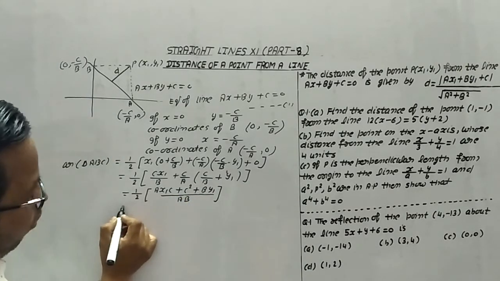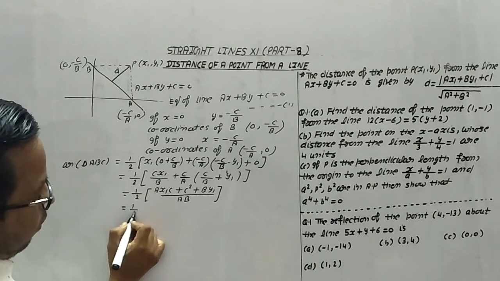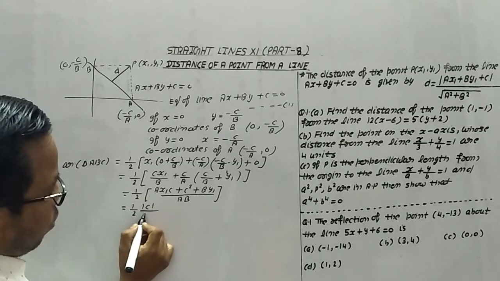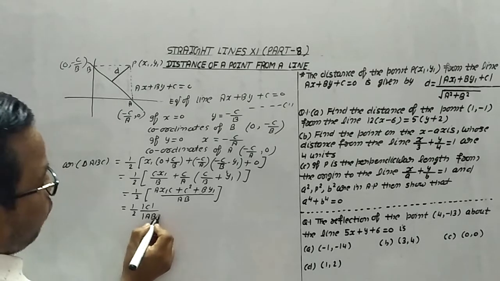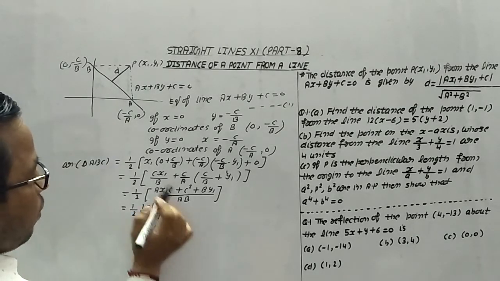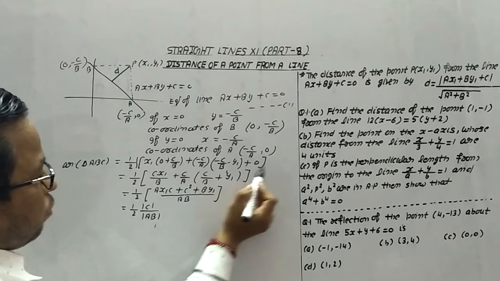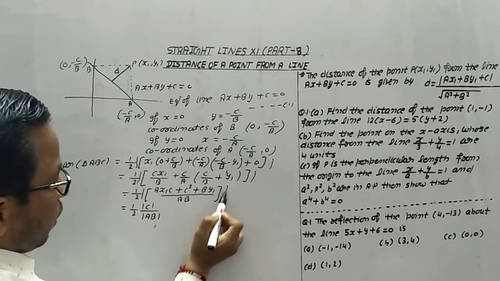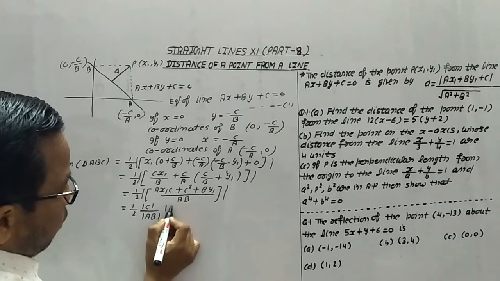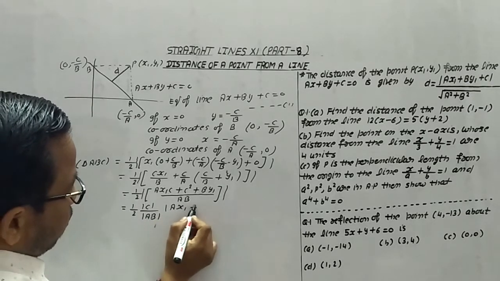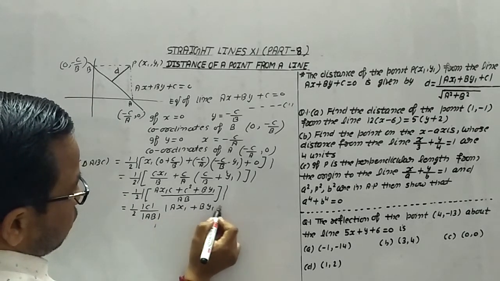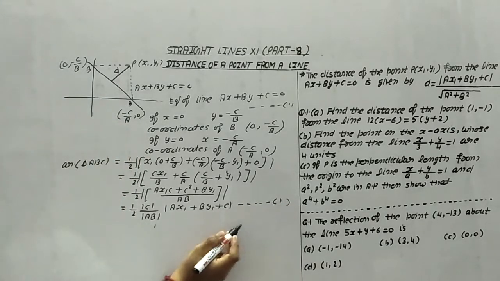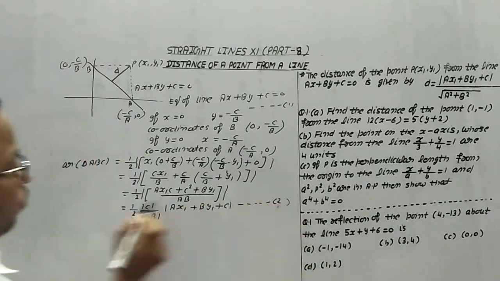When we take c common, this becomes half modulus of c upon modulus of ab. Actually when we calculate the area, we have to apply the modulus sign also. This is also here and this part is also here. Now this becomes ax1 plus by1 plus c, and this is equation number 1. This will be equation number 2.